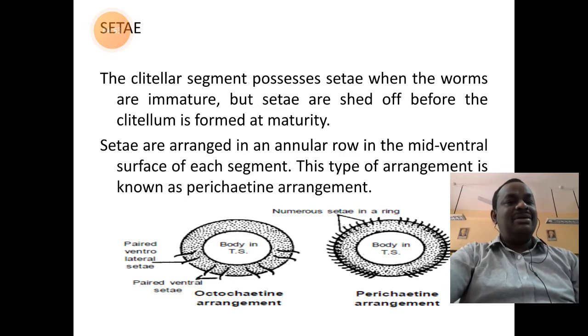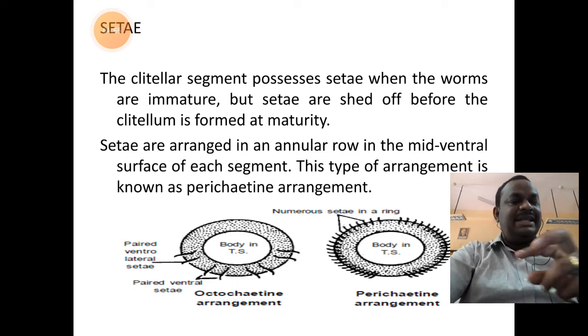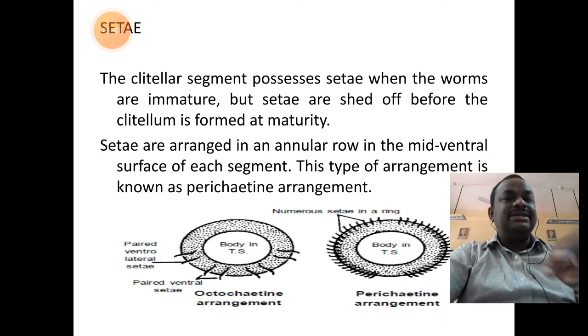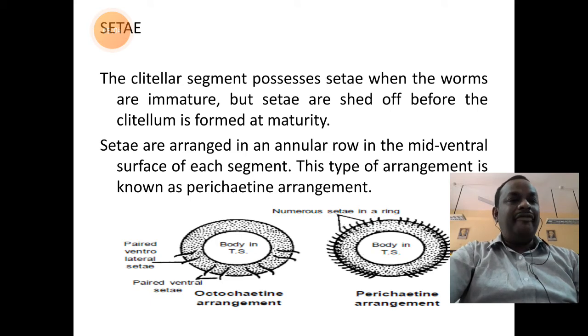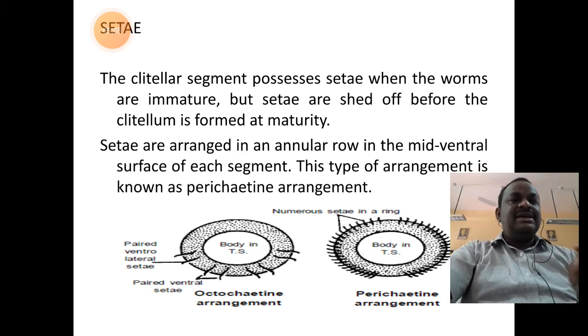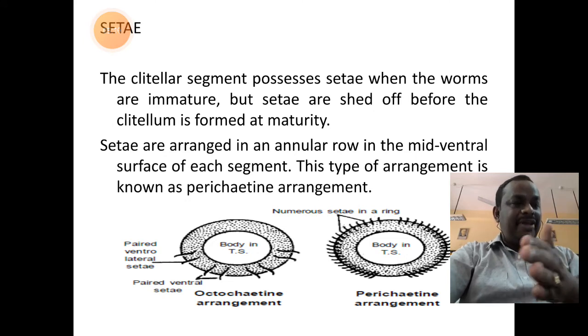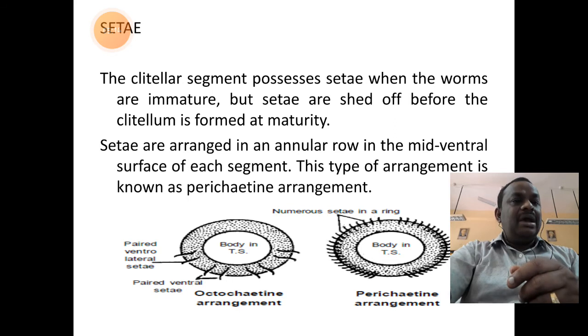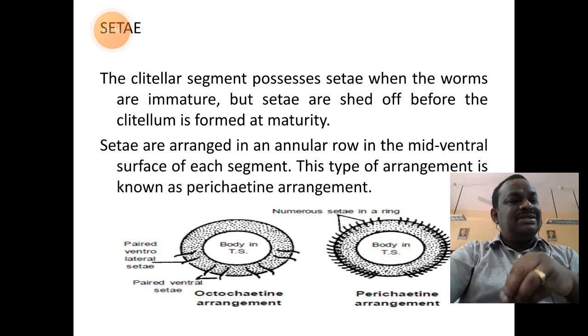So, in immature earthworms, we will find chaetae or setae in the region of clitellum. In the mature condition, these setae are shed off because the region takes up the function of secretion.